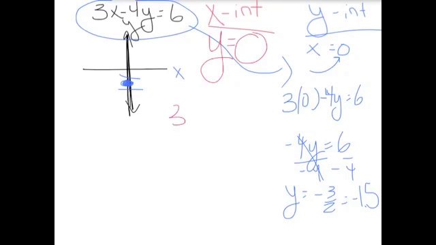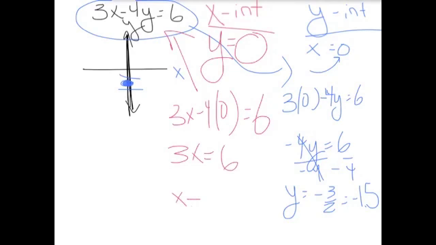So I'll have 3x minus 4 times 0 by plugging into the equation, and that'll equal 6. So I have 3x equals 6, which just means that x equals 2. So x equals 2 is my x-intercept. And now all I have to do is connect those points, and I have the line of my equation.